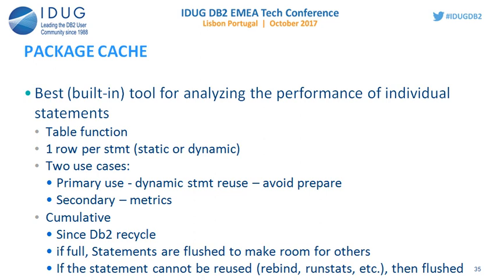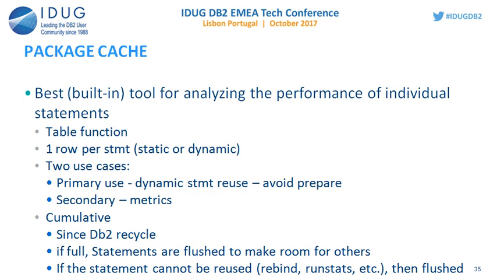Even if you did make it big, it will fill up and older ones will be flushed. But also, if a statement can't be reused because you've done RUNSTATS or a rebind, then it gets flushed.